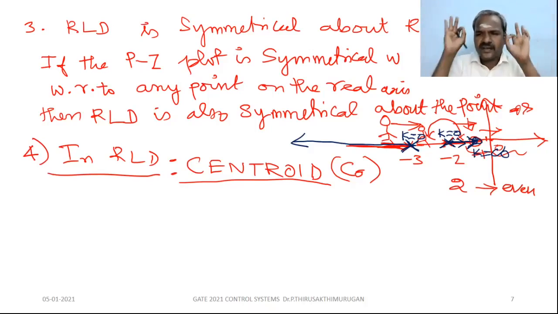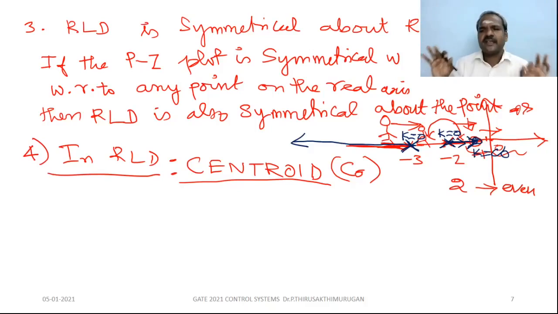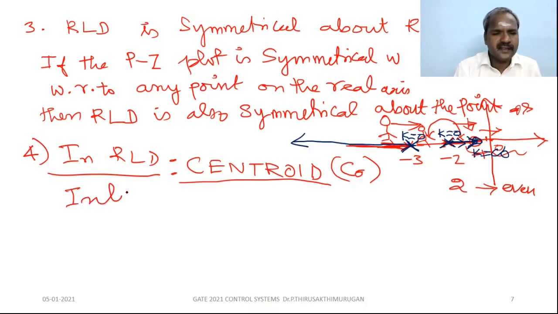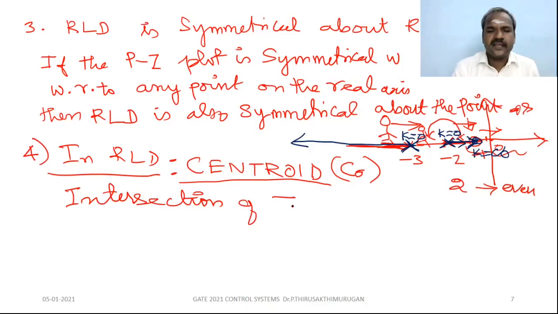You should not consider the imaginary, so there won't be any imaginary point in the centroid. So the centroid is the intersection of any two asymptotes.